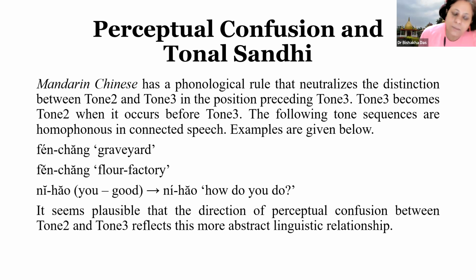But perhaps it is not surprising when one considers the phonological relationship that obtains between tone 2 and tone 3. So why does this kind of confusion arise? This is partly explained by the phonological relationship between tone 2 and tone 3, which we'll be seeing now.